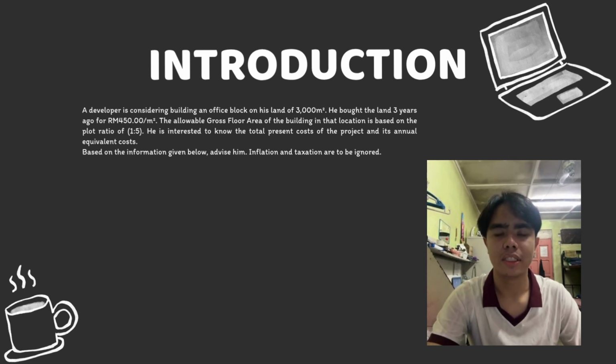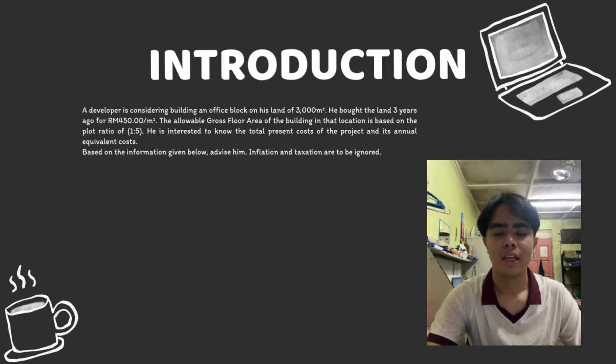So today for our assignment, we are referring to the BQS656 July 2023 partial question. In this question, it presents a developer who is planning to construct an office block on a 3,000 square meter piece of land. The land was purchased 3 years ago at a price of 450 ringgit per square meter, and the allowable plot ratio is 1 to 5.